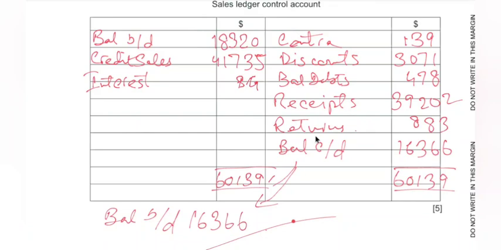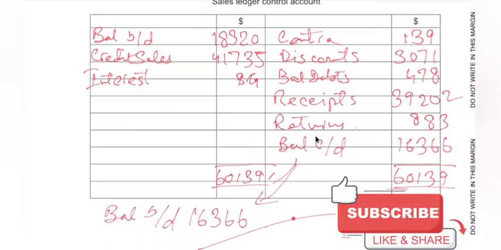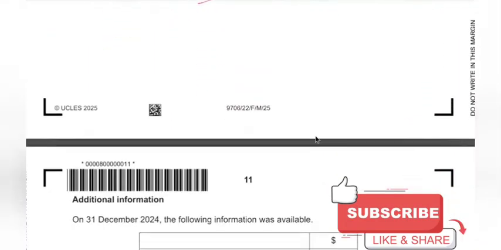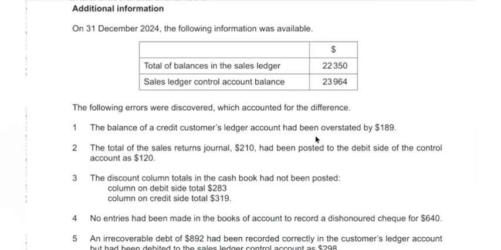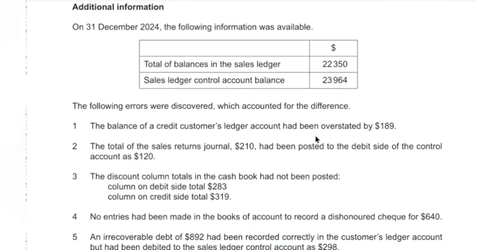Okay guys, so now moving on to our next part of this question. We have been given additional information. The question is saying on 31st December 2024, the following information was available. We have been given the total balances in the sales ledger and the sales ledger control account balance.